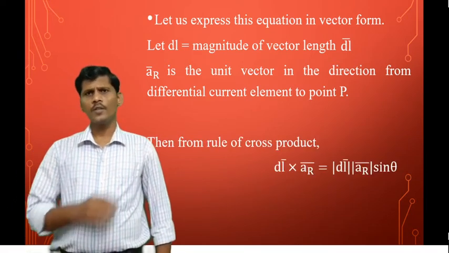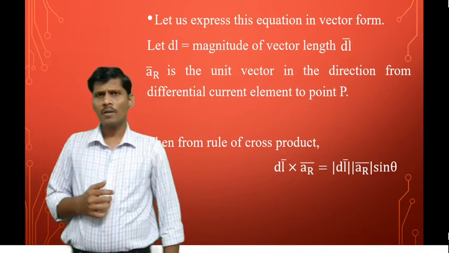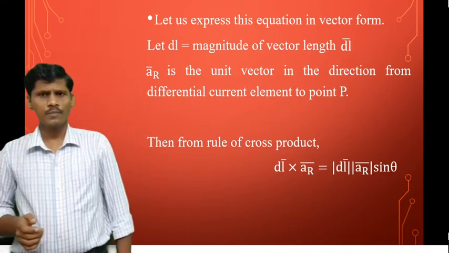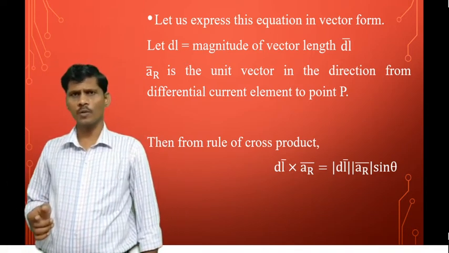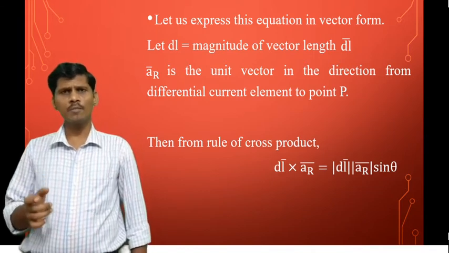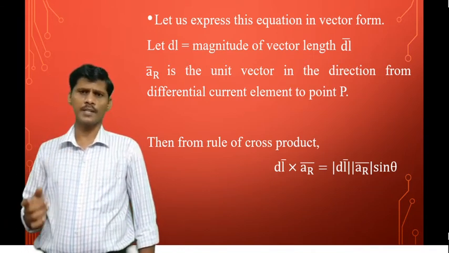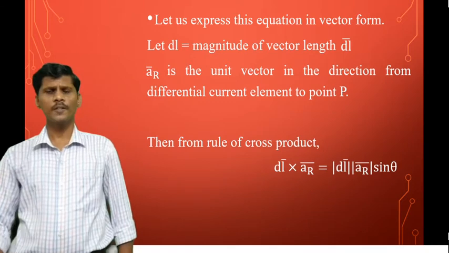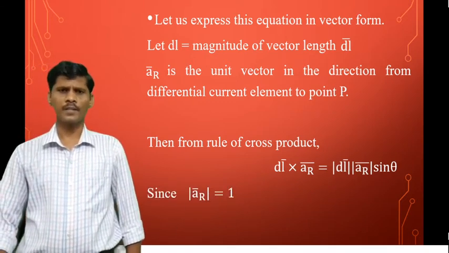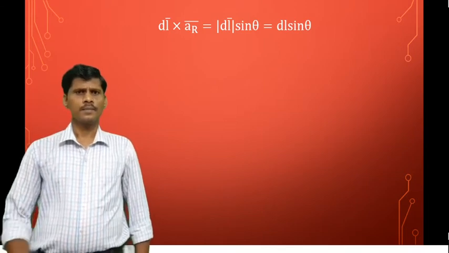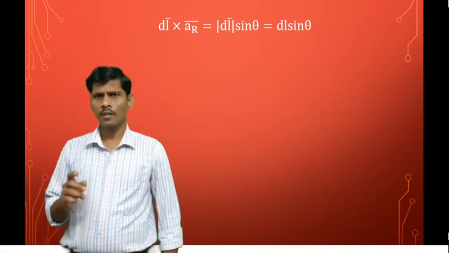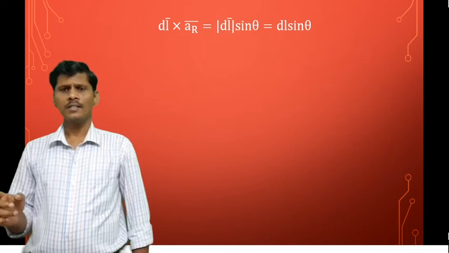We know that using the cross product, dl bar cross aR bar is equal to the magnitude of dl bar times the magnitude of aR bar times sin theta. Since the magnitude of aR bar is 1, dl bar cross aR bar is equal to dl sin theta.